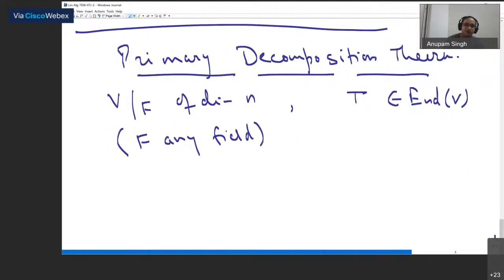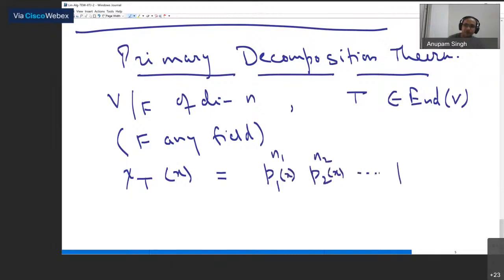Suppose I have the characteristic polynomial of T, which I write as chi_T(x). This is a polynomial, so I write it as a product of irreducible polynomials. Let's say P1(x) to the power n1, P2(x) to the power n2, and so on, Pr(x) to the power nr. And then the minimal polynomial will involve the same irreducible polynomials.